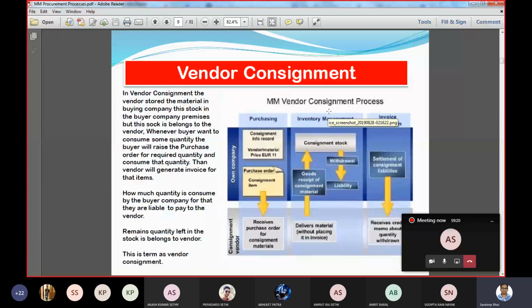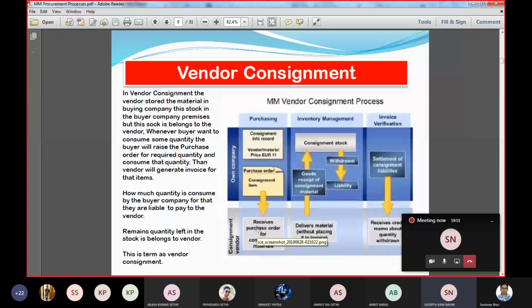In the consignment stock, 100 units are there, and you have used only 80 units out of that. So for how many units will your company pay the vendor?